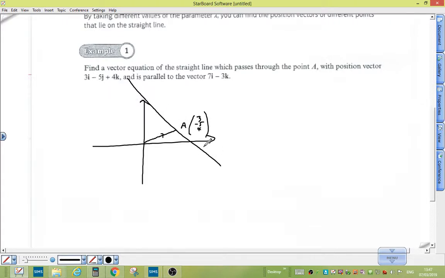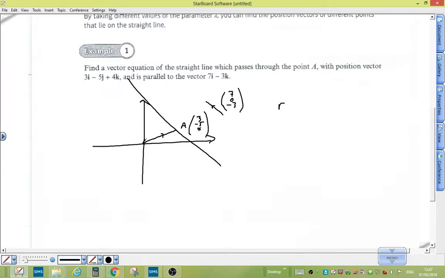I know the direction of this line travels as a line segment, doesn't matter where that's drawn, its direction is 7, 0, minus 3. Why is there a 0 in the middle? There's no J's, that's it. Okay, so the final answer for that is R, which represents a position vector.